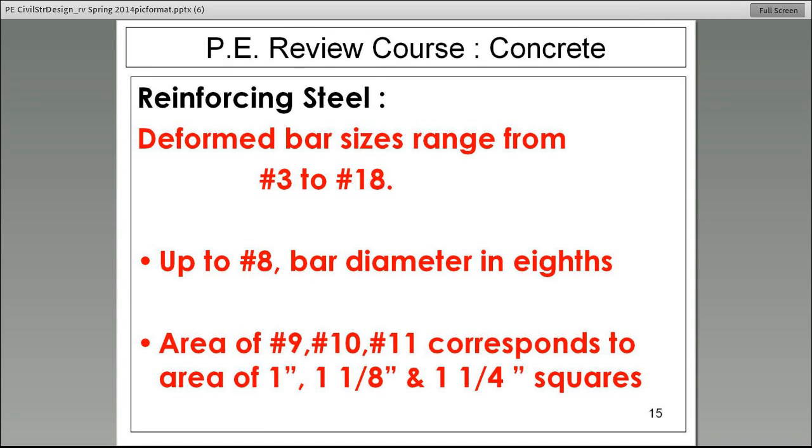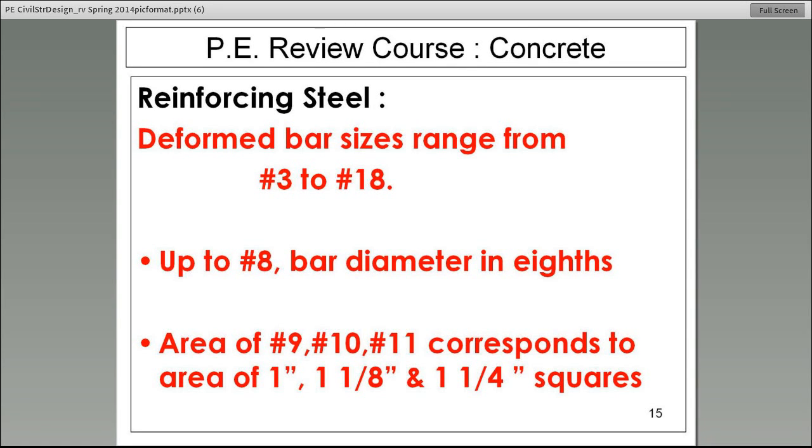Now, we always talk about reinforced concrete. When we say reinforced concrete, what we're talking about is that we have a section of concrete and we reinforce it with steel. Now, why do we do that? Think about it.